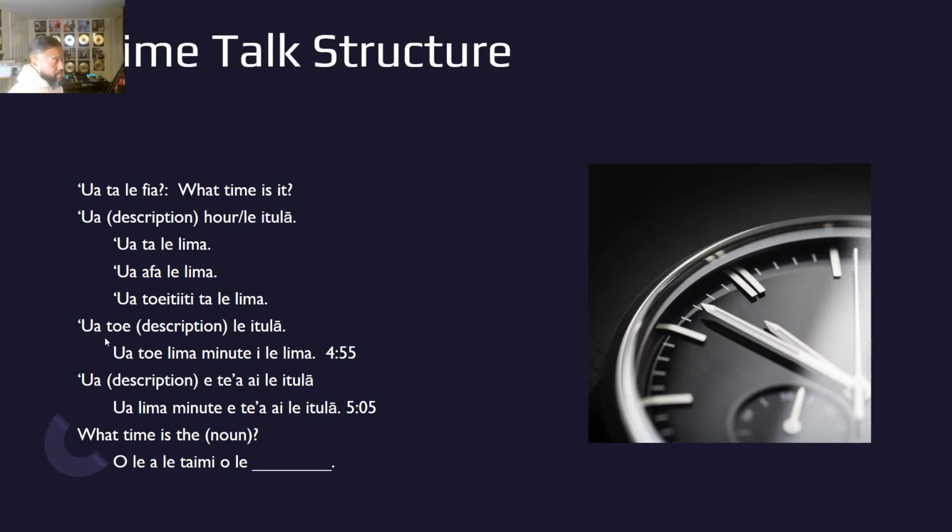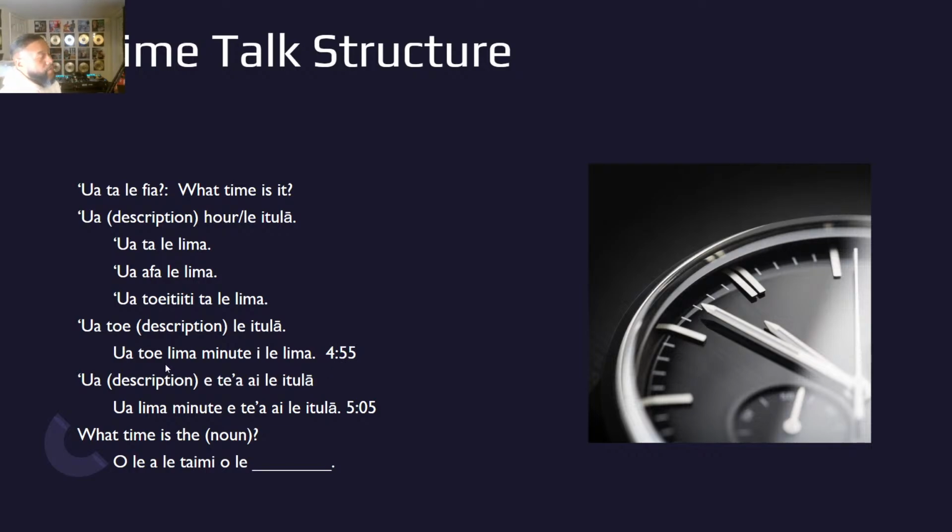So it has become before, and then whatever time we're talking about, the hour. So itula is the hour. So ua toi lima minute, lima minute. It has now become before 5 minutes to the hour, right? So that's 4:55.